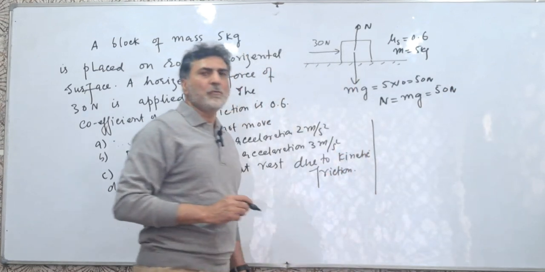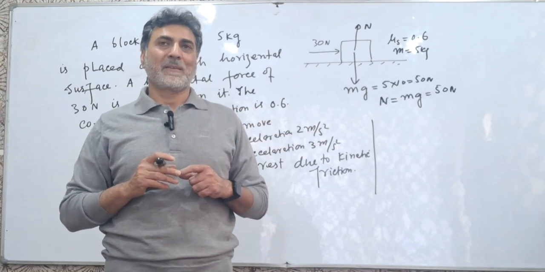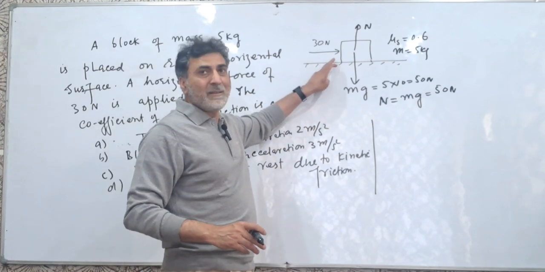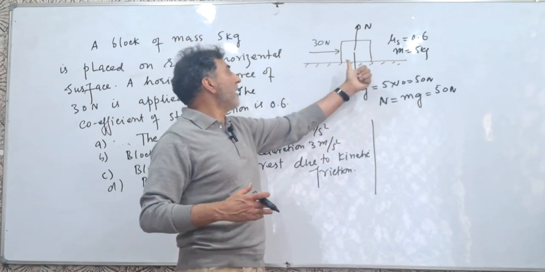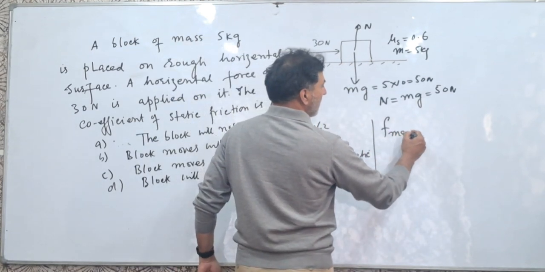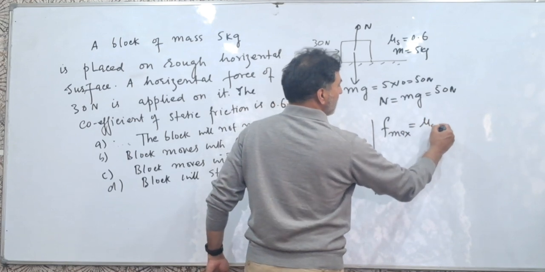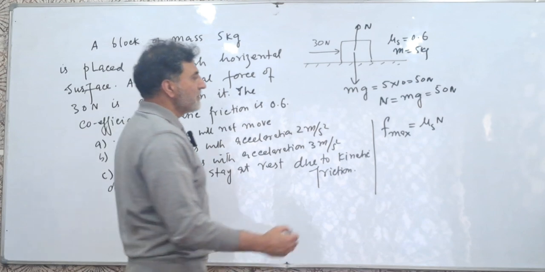So first of all, we will try to find the maximum frictional force. You are applying 30 Newton, but let us find the maximum possible frictional force which can come in the opposite direction. So what is the F max formula? That is mu s N. So what is the maximum frictional force?